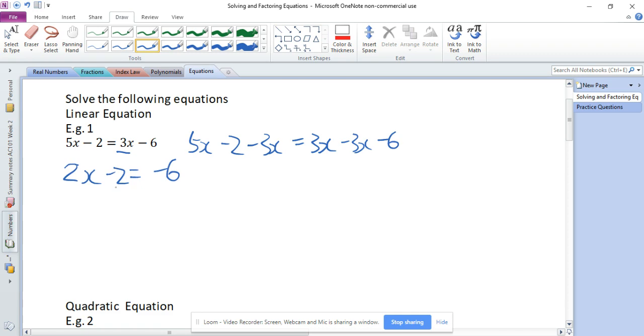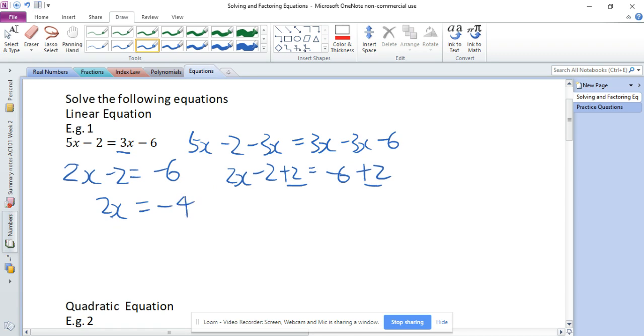Next, move the constant term to the other side, which is the right hand side, so plus 2. Plus 2 on both sides, such that the left hand side will have no constant term, and the right hand side is minus 6 plus 2, which is minus 4.